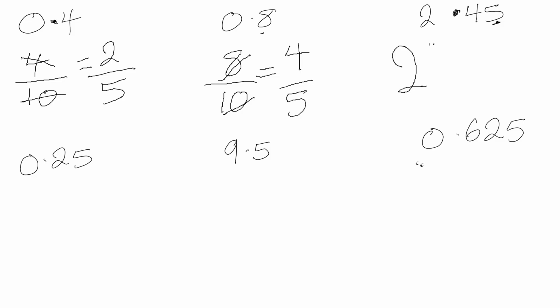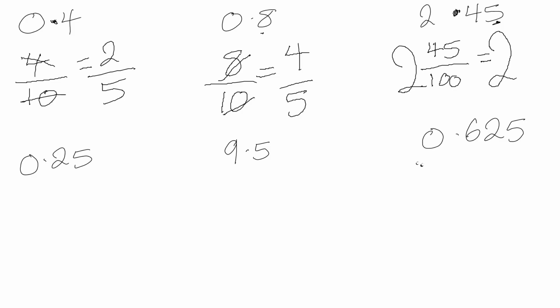So we write 45 as our numerator, and then our denominator is 100. Why? Because the last digit after the decimal is 5, and the place value for 5 is hundredths. So we need to simplify our fraction. Our whole number stays the same.